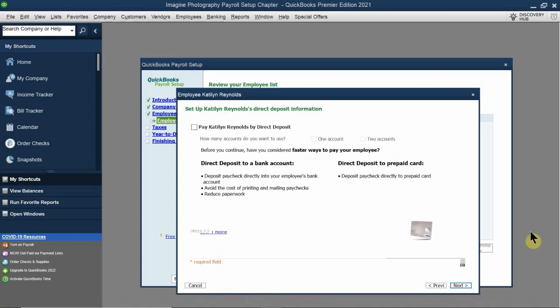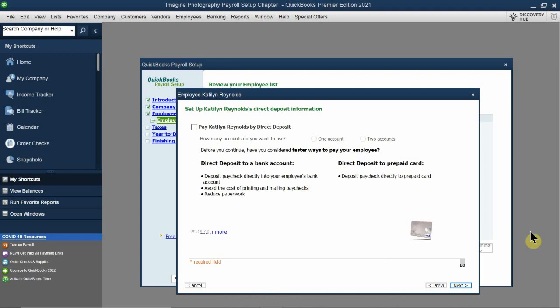Now, the next one asks, do you want to set up direct deposit? Direct deposit is a very easy way to pay your employees. However, if you did not know this, you actually have to pay the bank to be able to do direct deposit for you.